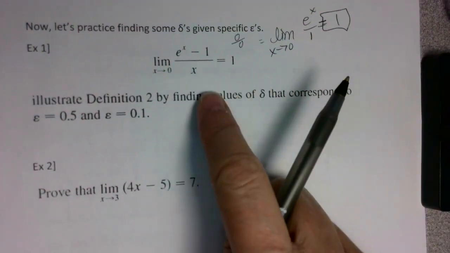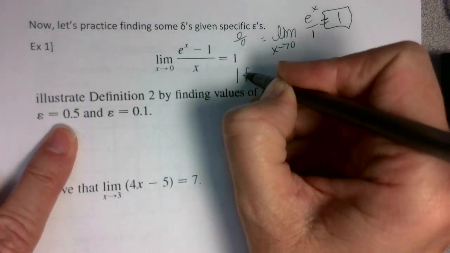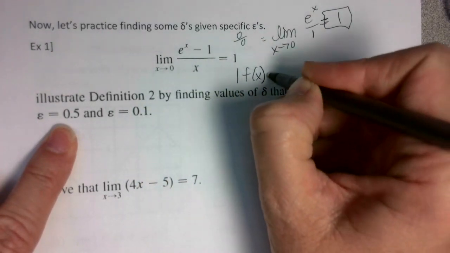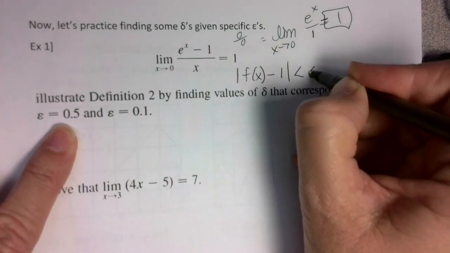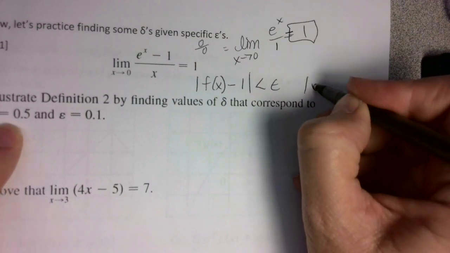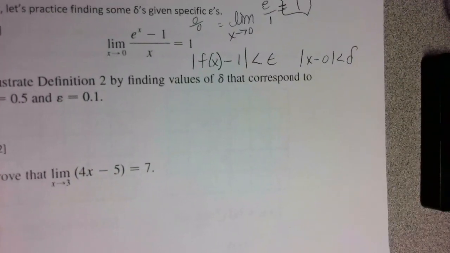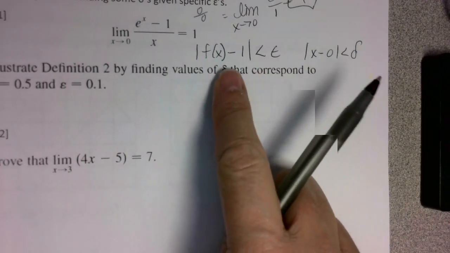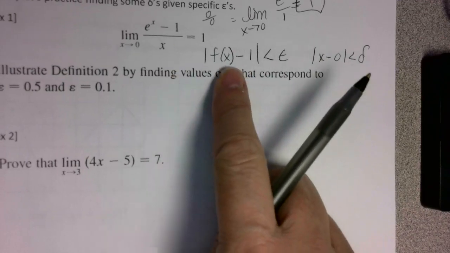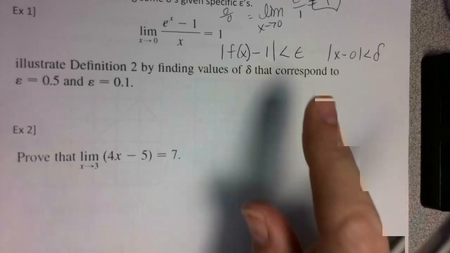So that's what we're going to do here. We're going to set up that f of x minus the L, in this case it's 1, is less than epsilon, right? And x minus 0 is less than delta, right? So we just are going to take our f of x minus 1, and we're going to crank it out on the calculator.